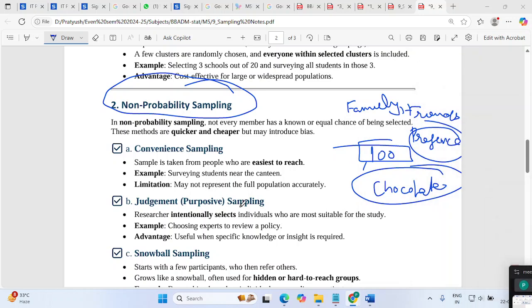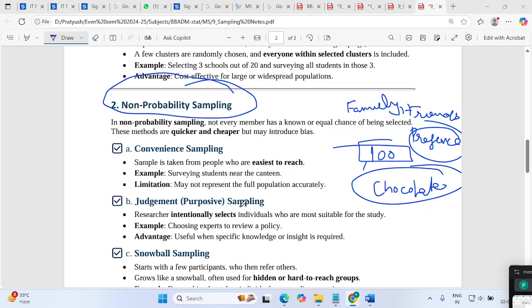So the situation is, let's say you get an internship in an ice cream company, and they ask you to test their new chocolate flavor ice cream, make 100 people taste this sample, and then get their feedback. Because you have to complete your internship, you take those 100 samples to your friends and family members because it is more convenient for you.